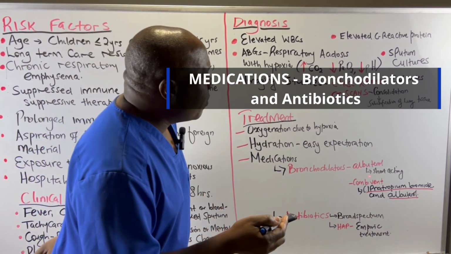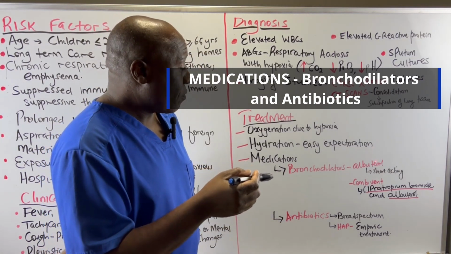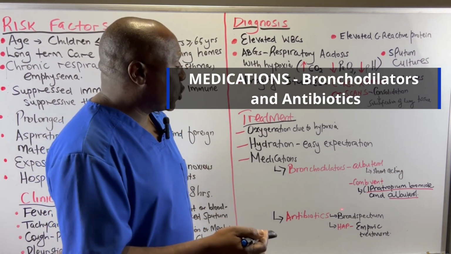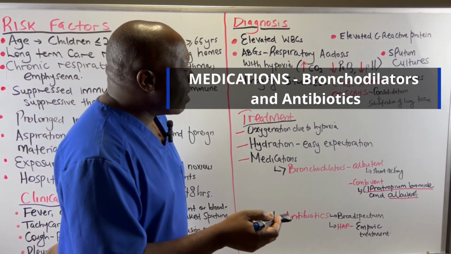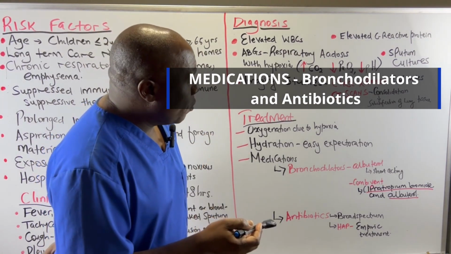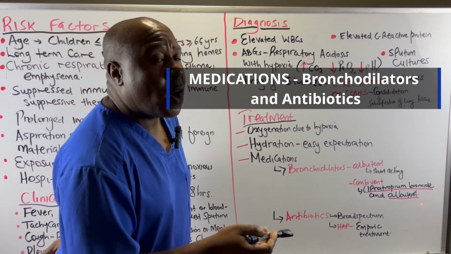We have, for example, albuterol. Albuterol is a short-acting bronchodilator. It acts for a short period of time. Then we have Combivent. Combivent is actually a combination of two medications, ipratropium bromide and also albuterol.